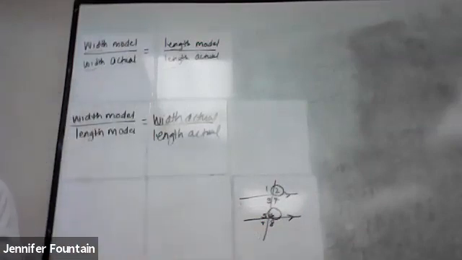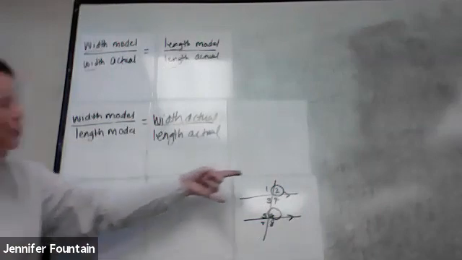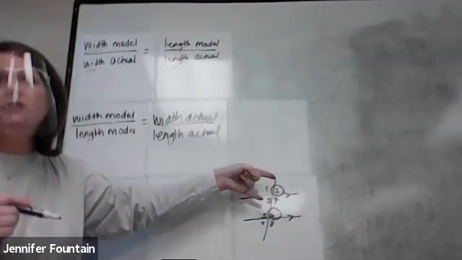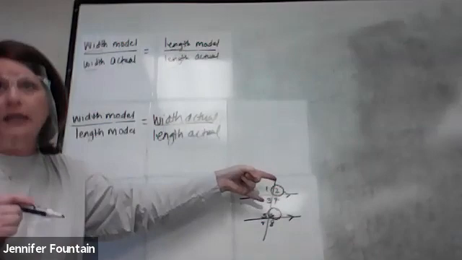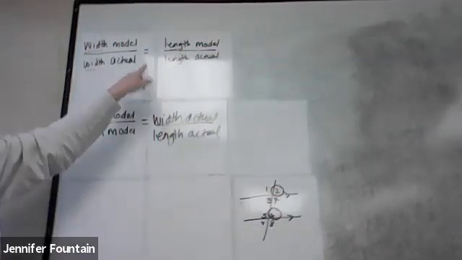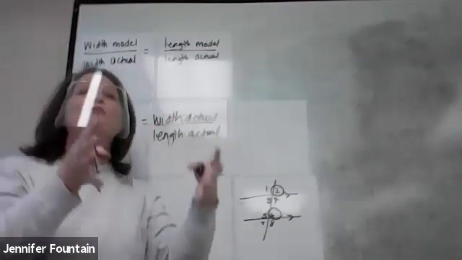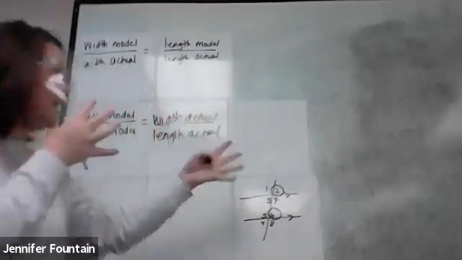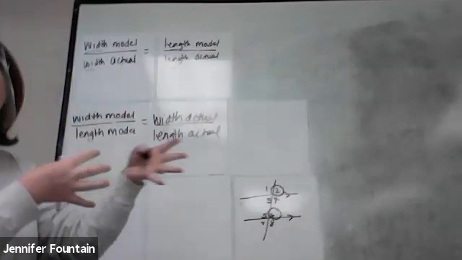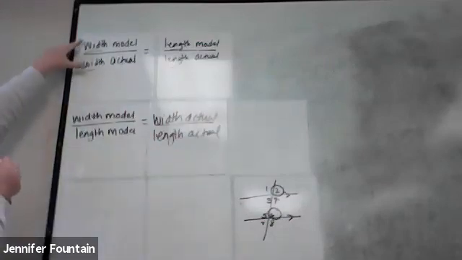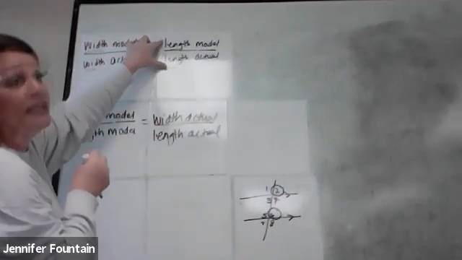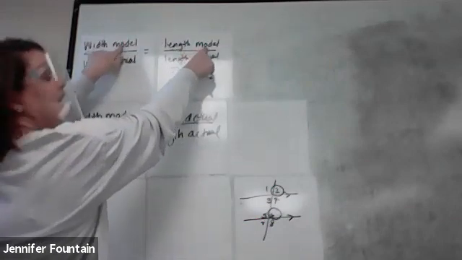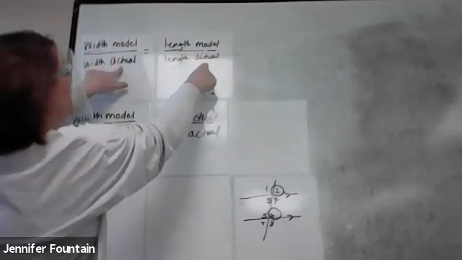Corresponding angles, right? Because of their position, they were corresponding. That's what I'm having to pay attention to here with my proportions. I have to have corresponding information, okay? So when I think of corresponding, they've got to be linked together by position. So here I can either have width over width is equal to length over length, but what has to correspond has to be models in the numerator, actuals in the denominator.